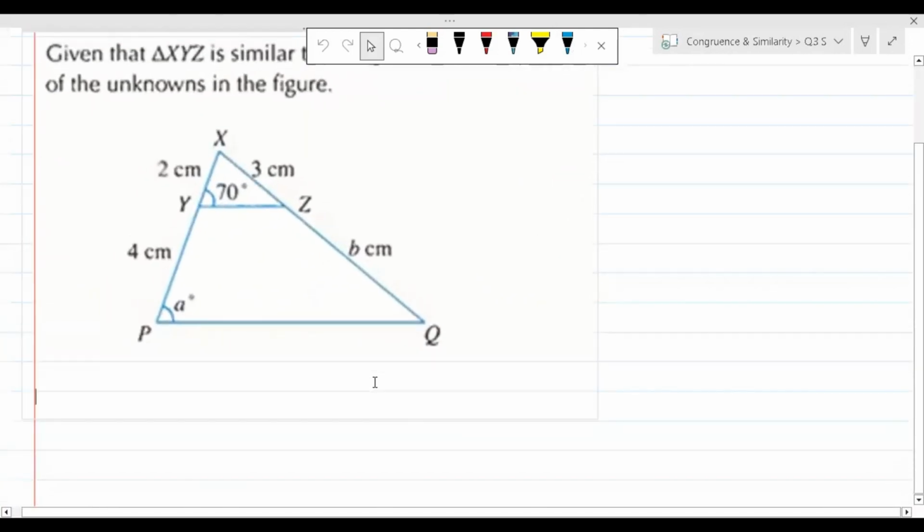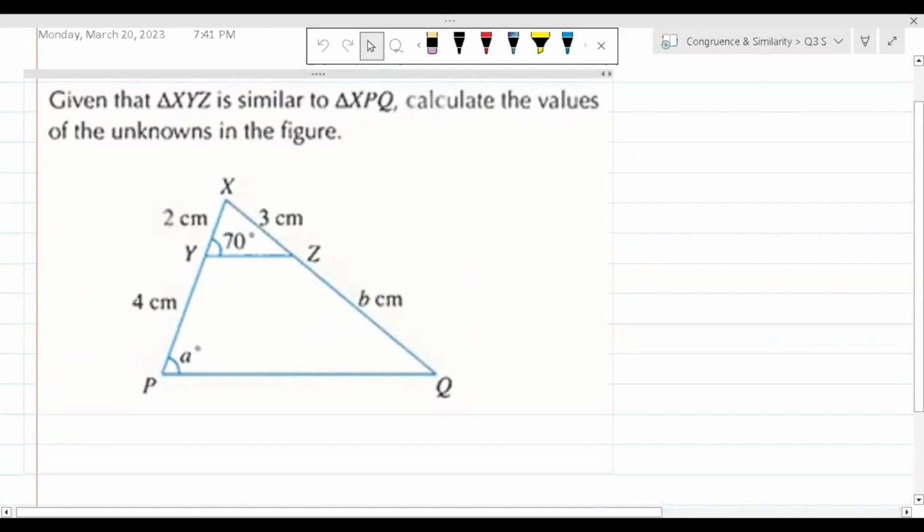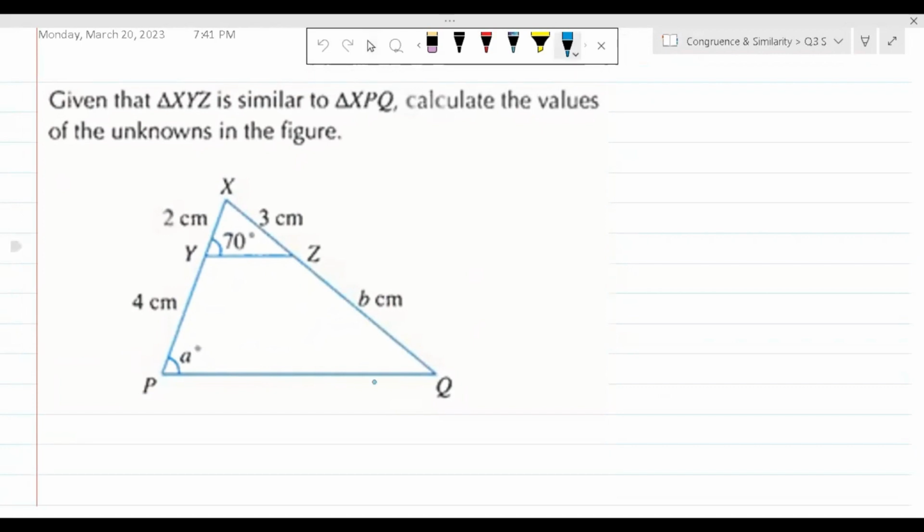All right, now in this question the question is saying, given that triangle XYZ is the same as triangle XPQ, which means ये जो x का पॉइंट है ना, ये बेसिकली शेयर हो रहा है इधर। ठीक है, now we'll see what to do. Calculate the values of the unknown, एक ये b unknown है, एक ये एंगल a unknown है.